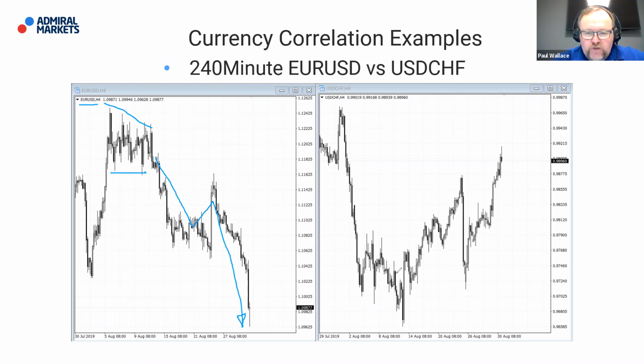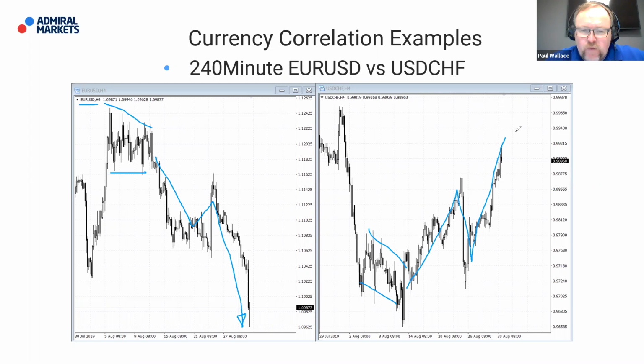Whereas on the dollar against the Swiss franc, we had a little bit of chop before price rose, came back and has continued to rise. So hopefully you can see the strength of that inverse correlation: as the euro against the dollar has dropped, the dollar against the Swiss franc has risen.